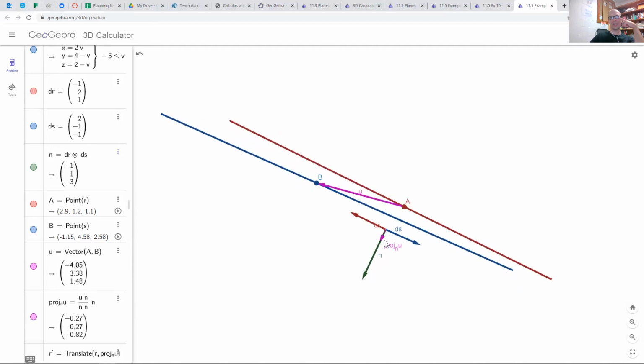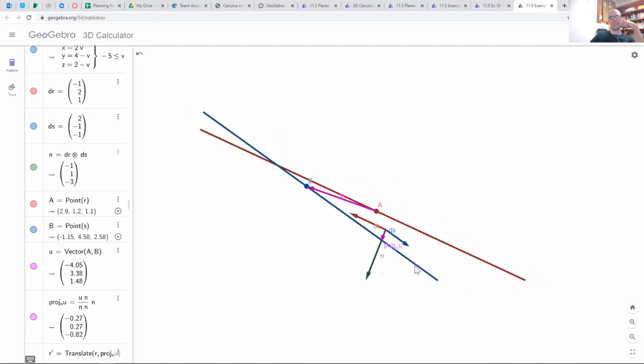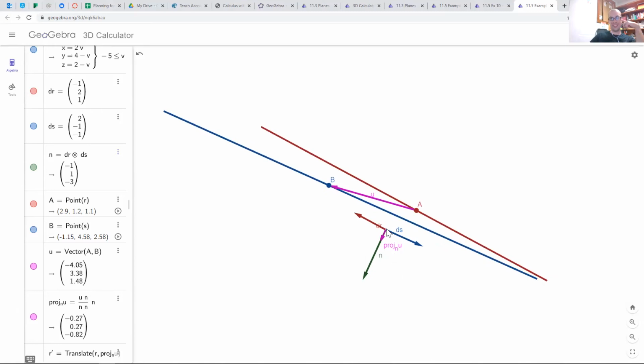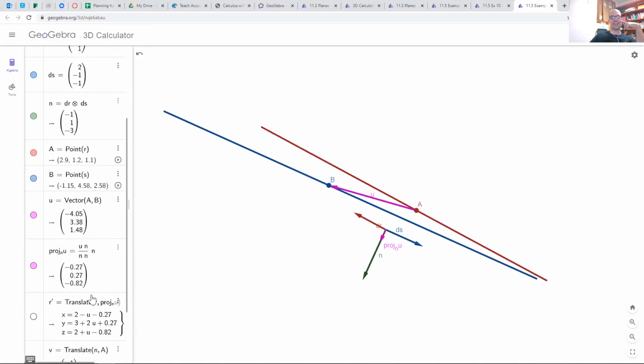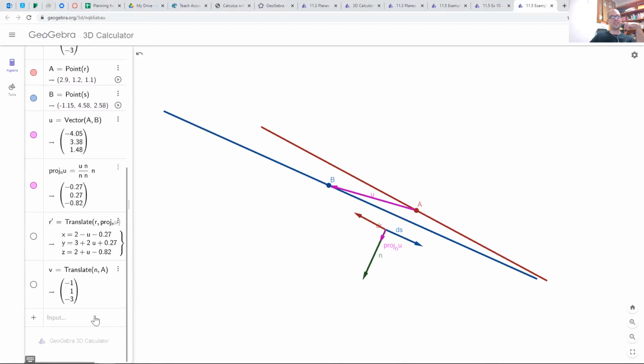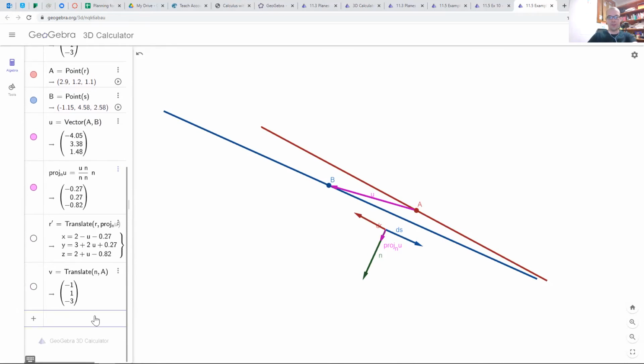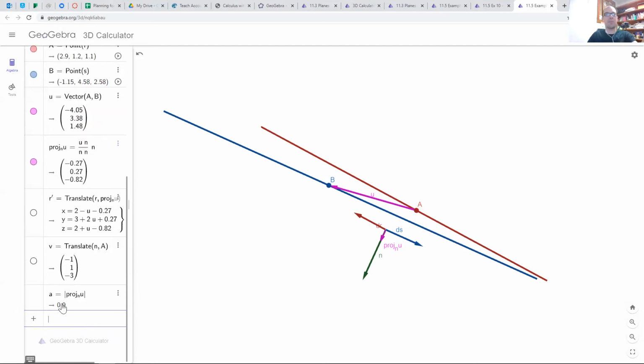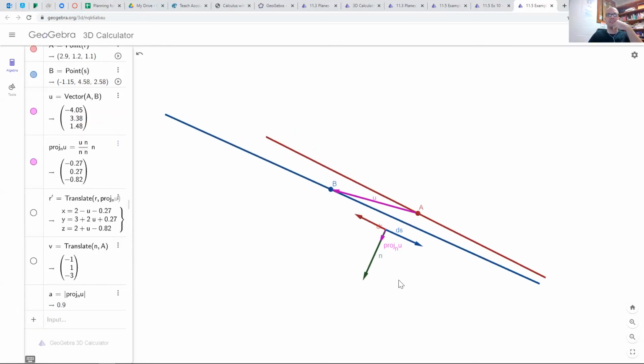And this is what the projection would look like. And the length of this projection vector is the distance. I guess I didn't even do that on this yet. Projection of N, or sorry, of U onto N. All right, it's about 0.9 is the distance.